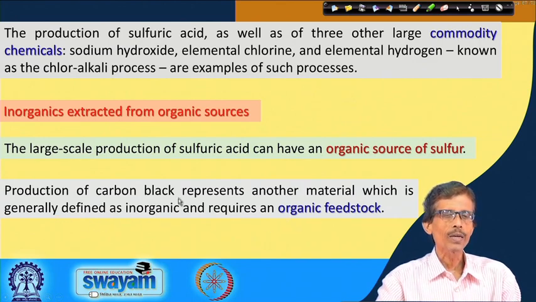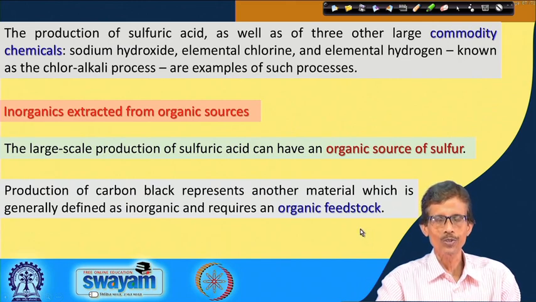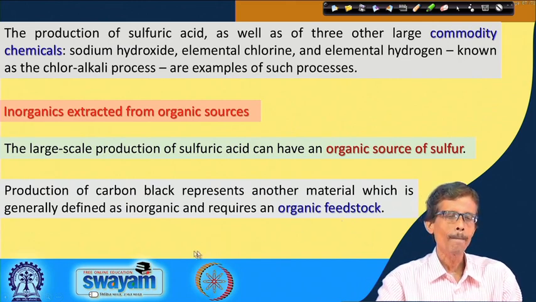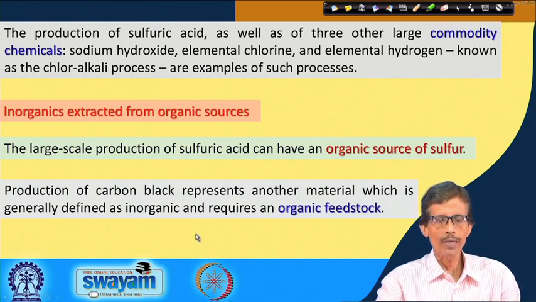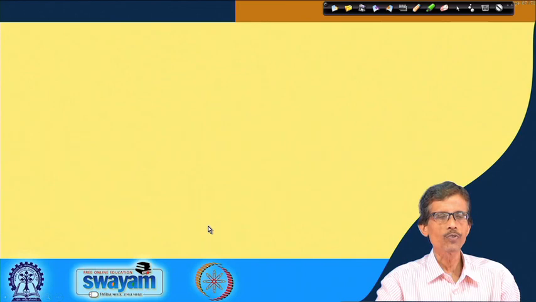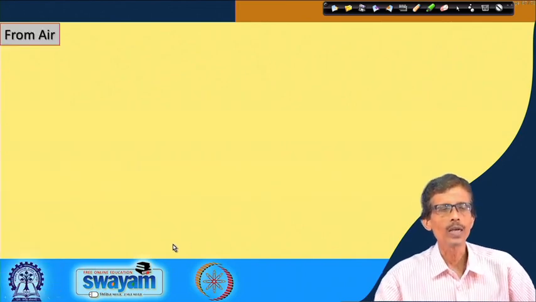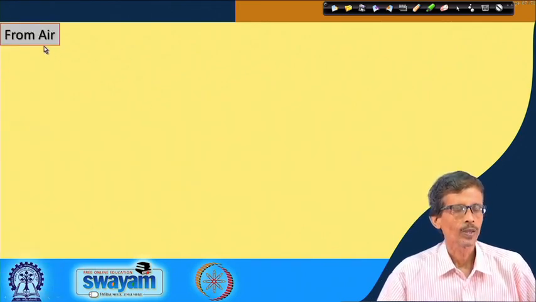So, this can be considered typically inorganic, but it requires the organic feedstock. Like sulfur, the carbon black we considered as an inorganic material. So, the industry dealing with carbon black can be considered inorganic industrial chemistry, making different qualities of those blacks.